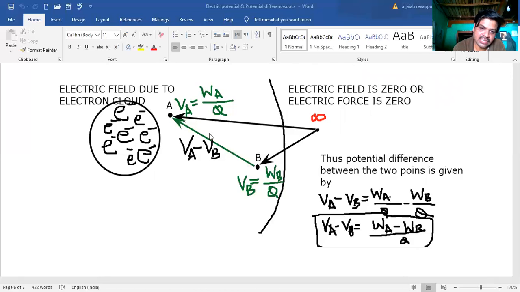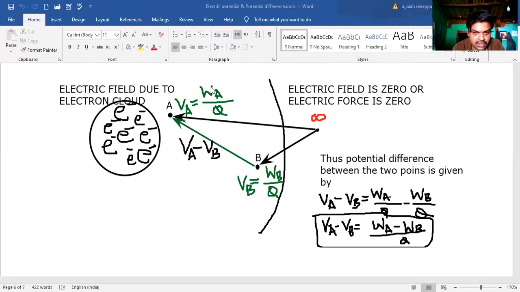So we take the difference now. At this point, it is potential VA. At this point, it is VB. So what is the potential difference? VA minus VB. So we'll simplify it. VA minus VB, that is potential difference, is equal to, what is VA?